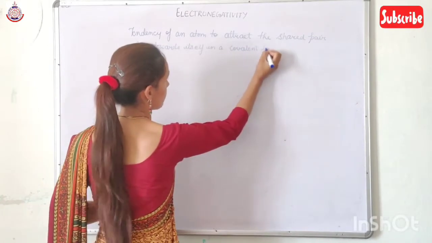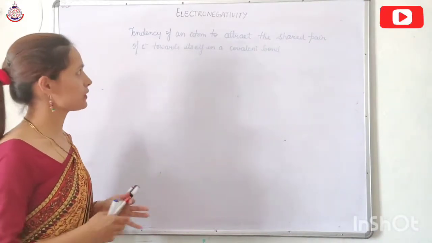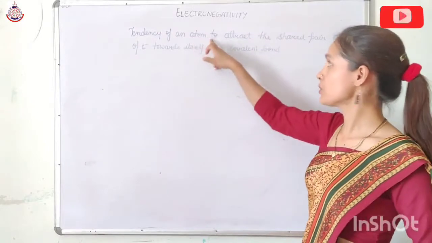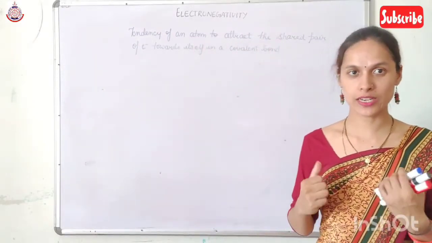So this is the definition of electronegativity, that the electronegativity of any atom is the tendency of that atom to attract the shared pair of electrons towards itself in a covalent bond.